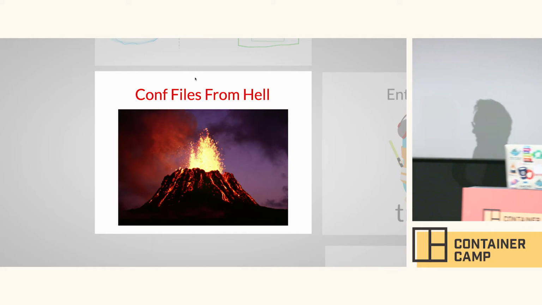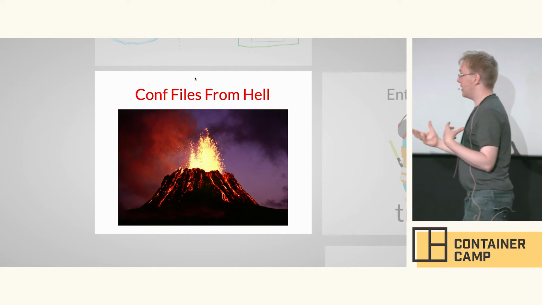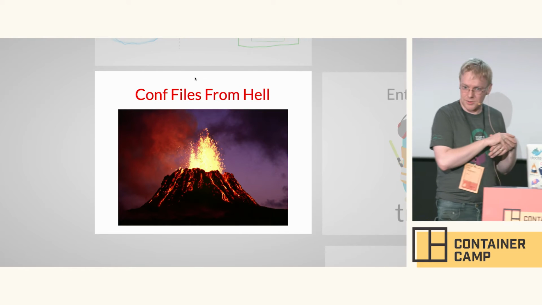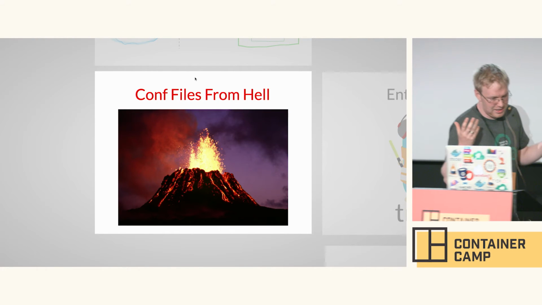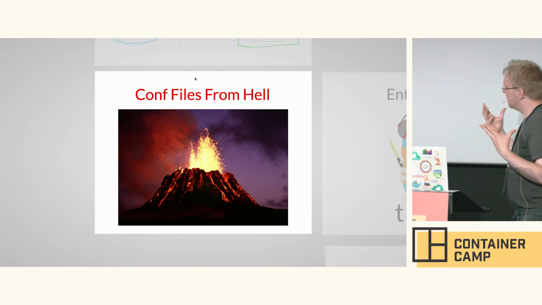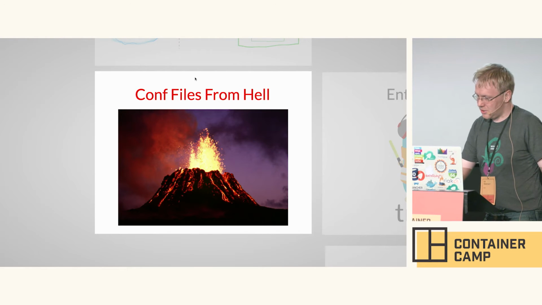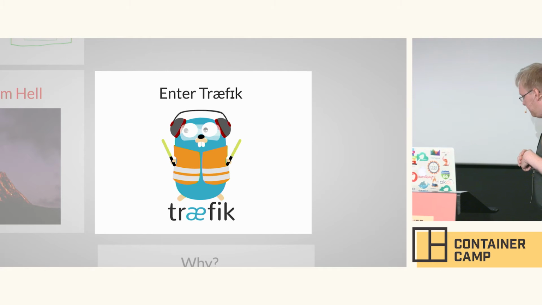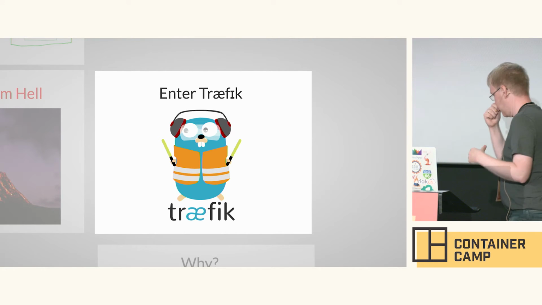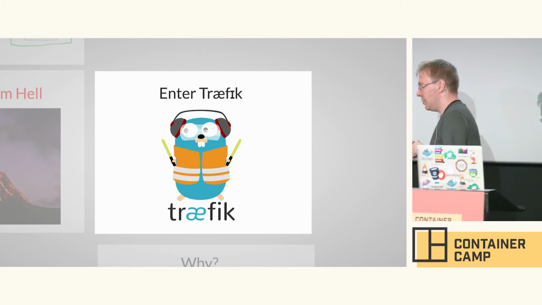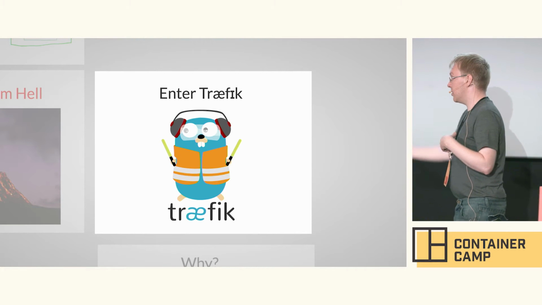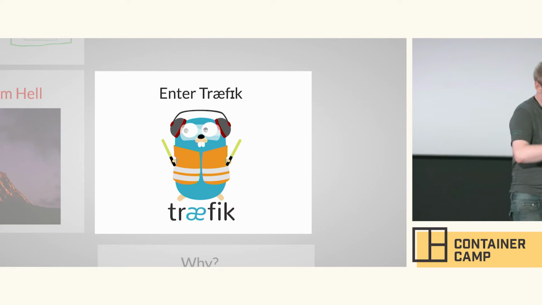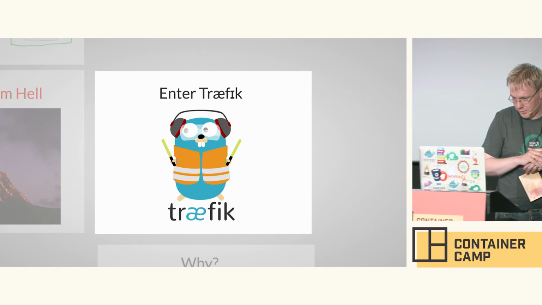And even with some of the tools out there that look at that and automatically write your config files for you, I wouldn't really trust how that would work. So we ended up taking a look around at a lot of different options, looking at HAProxy or Nginx or stuff like that, and templates for config files.